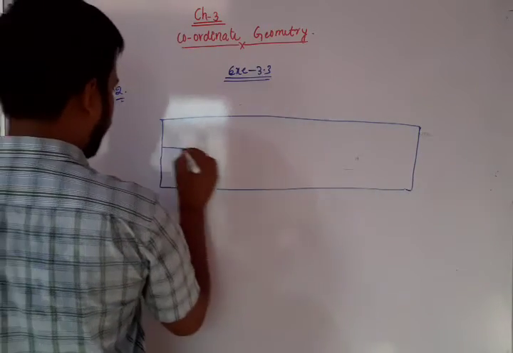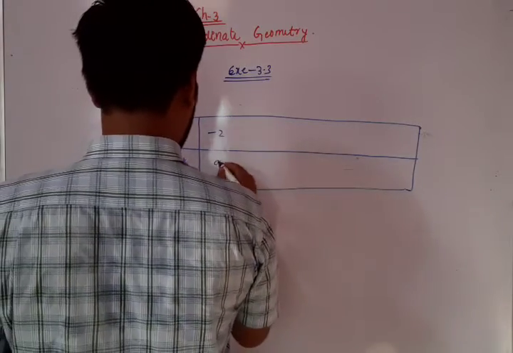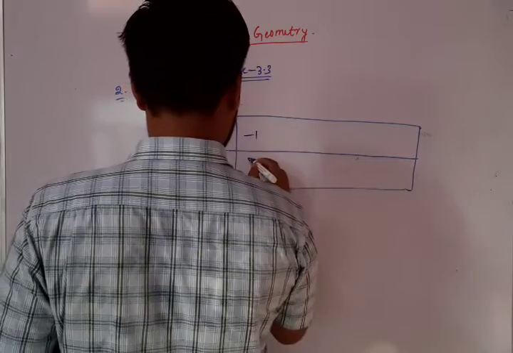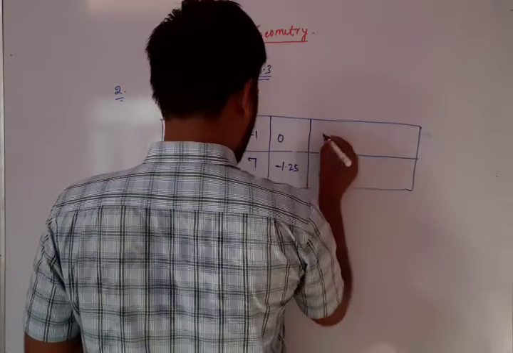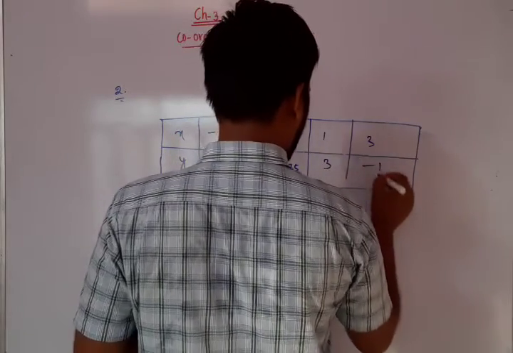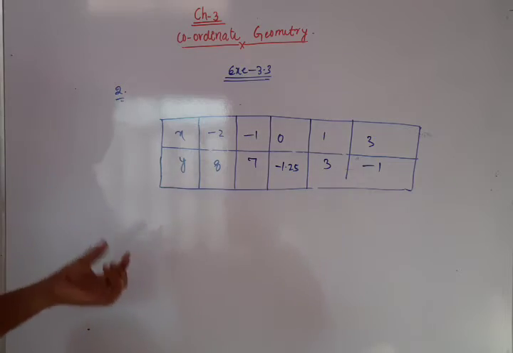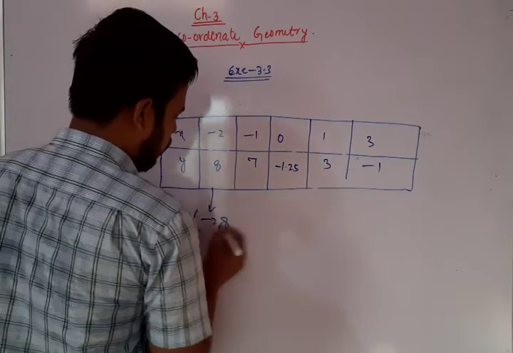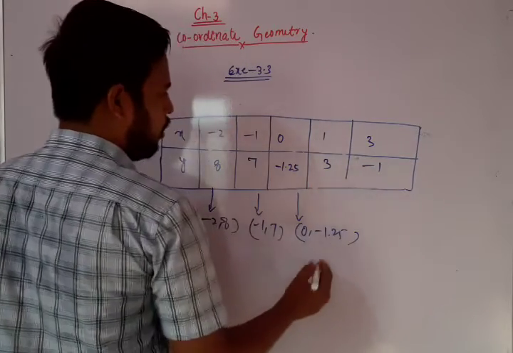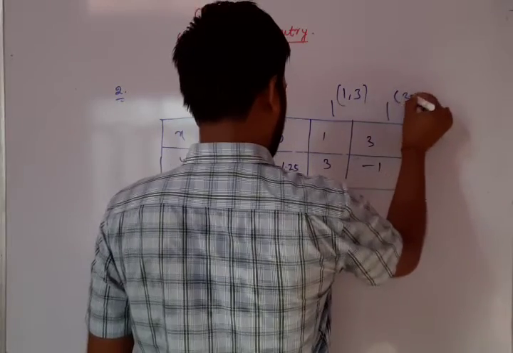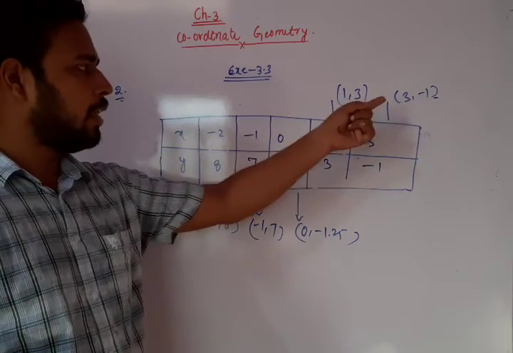The x, y values are (-2, 8), (-1, 7), (0, -1.25), (1, 3) and (3, -1). The point (-2, 8) will lie in the second quadrant, (0, -1.25) on the y-axis, (1, 3) in the first quadrant and (3, -1) in the fourth quadrant.